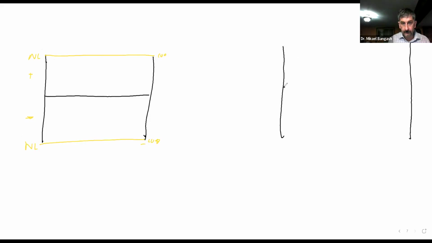Spectral Doppler. We can still say we have our Nyquist limits. Let's just say still 100, it doesn't really matter. This was positive, this was negative.